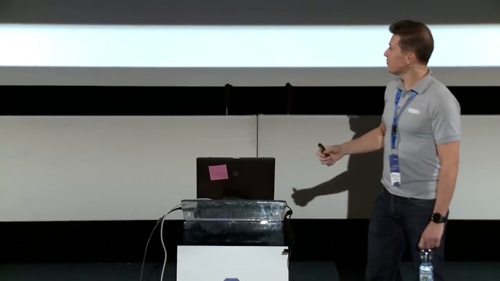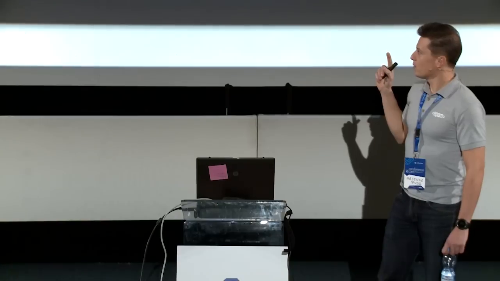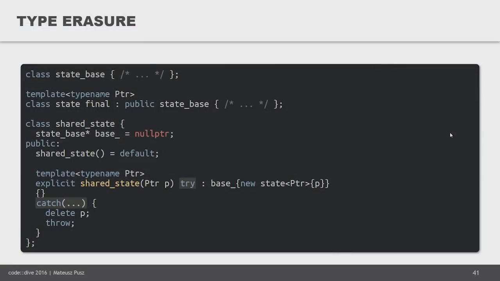What's also really important here is that every time we write things like shared pointer, braces, new something, we know that it will be handled by the shared pointer, yes? It will be deleted by it. So in case, for example, construction of the state throws an exception, we have to take care of the pointer being passed to us.